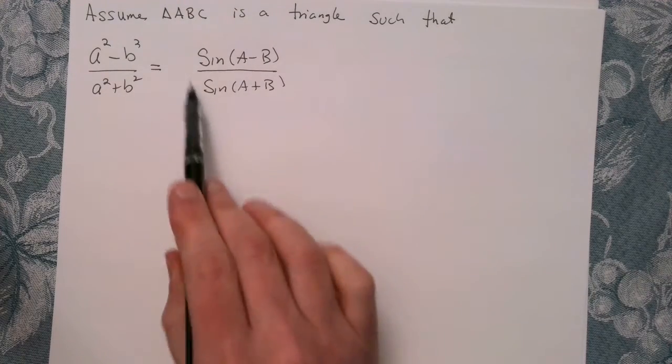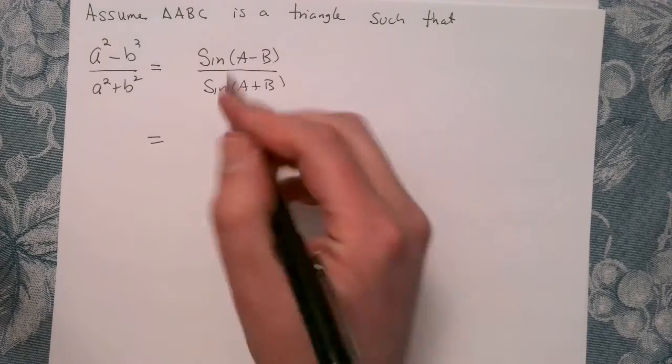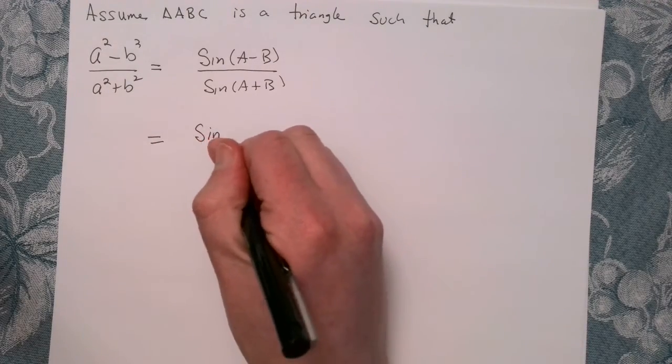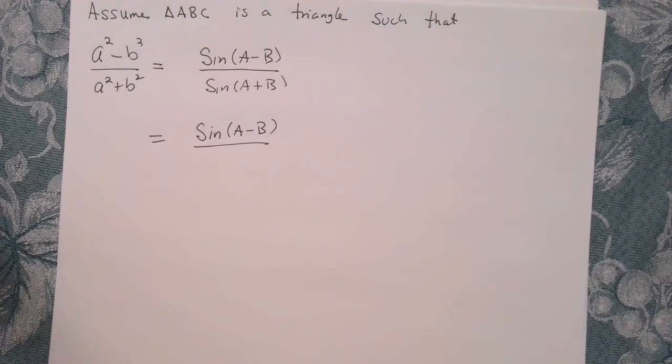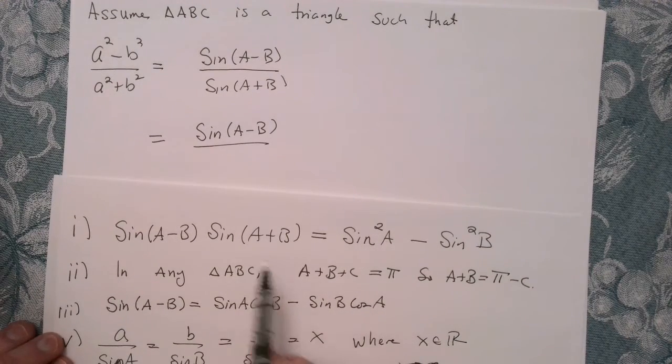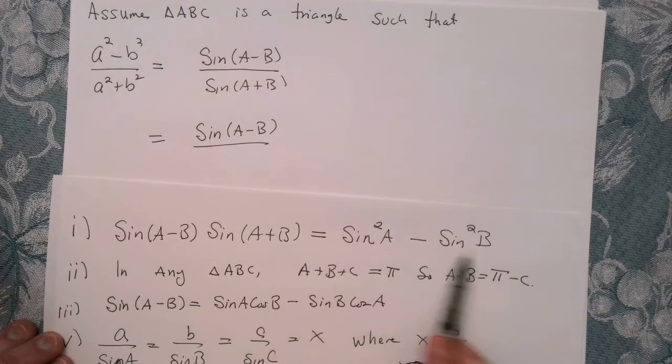So what I want to do is work with this, and I'm going to multiply the top and the bottom by sine of (A plus B). That's going to allow me to use a property that I talked about in the previous video, property 1. You can see the numerator will give me this.